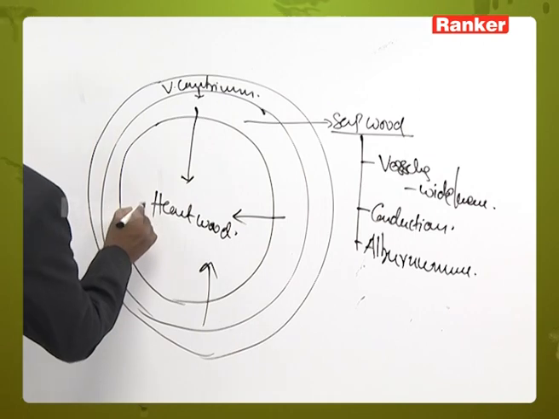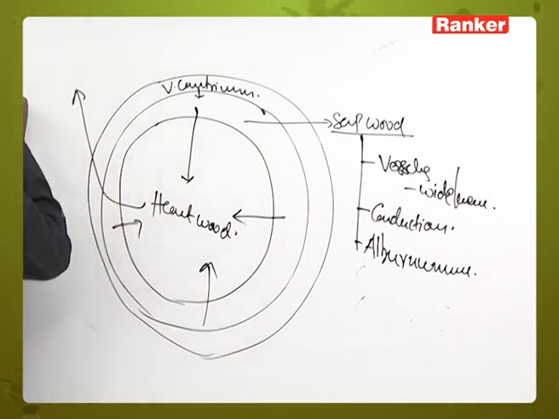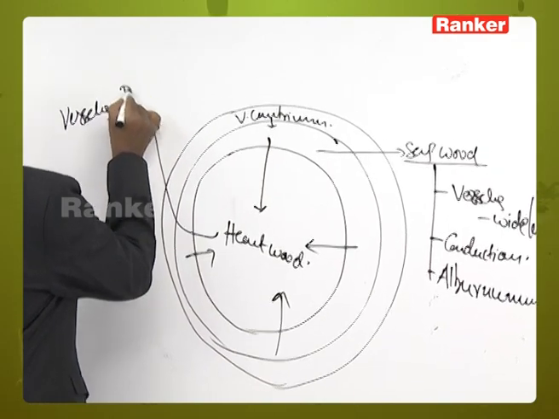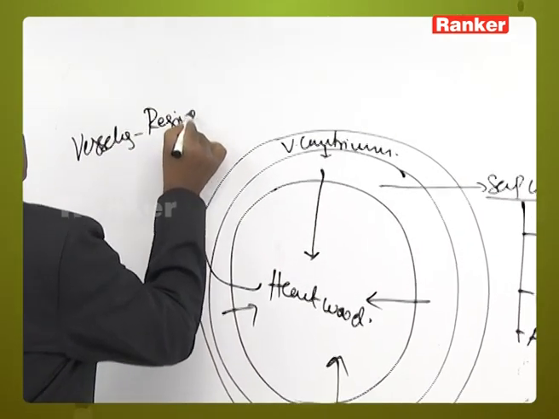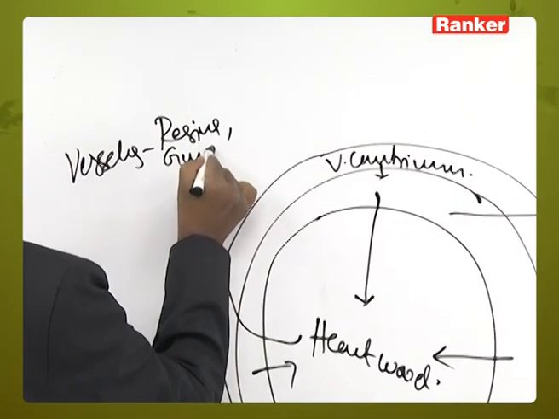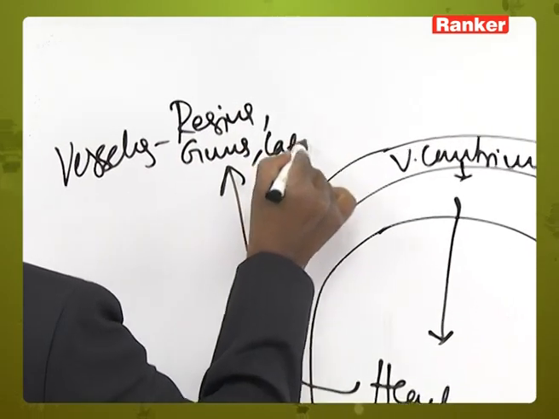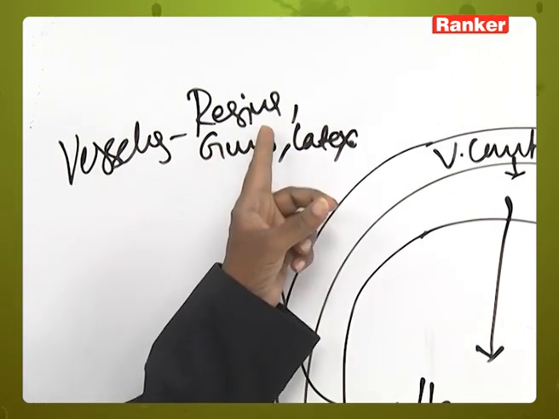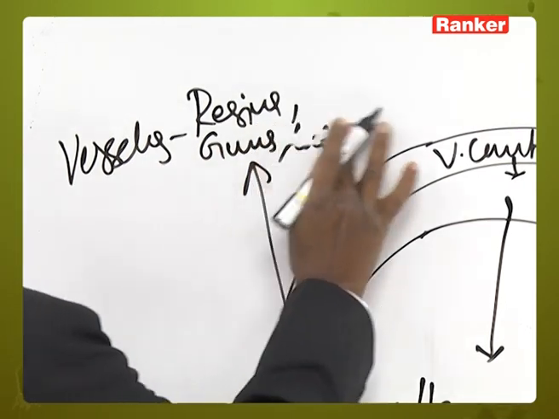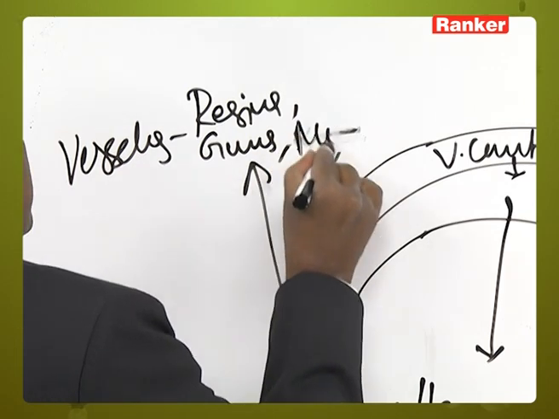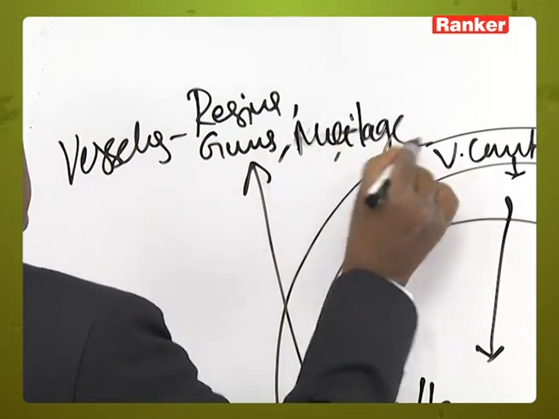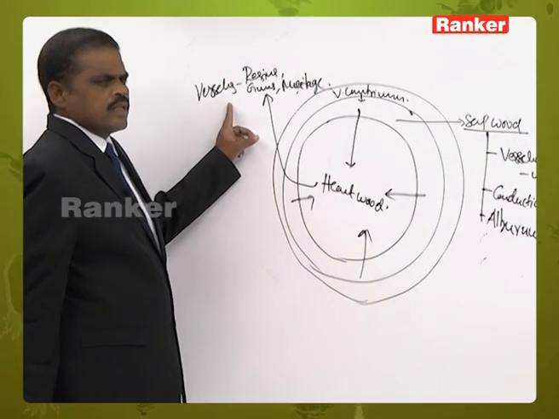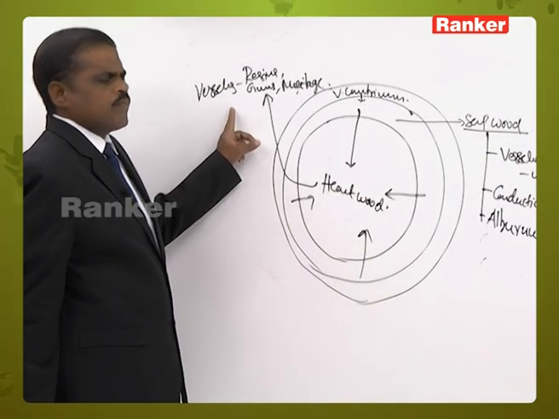The vessels of this heartwood are filled with various substances like resins, gums, latex, mucilage, etc. So these vessels are not useful for conduction.